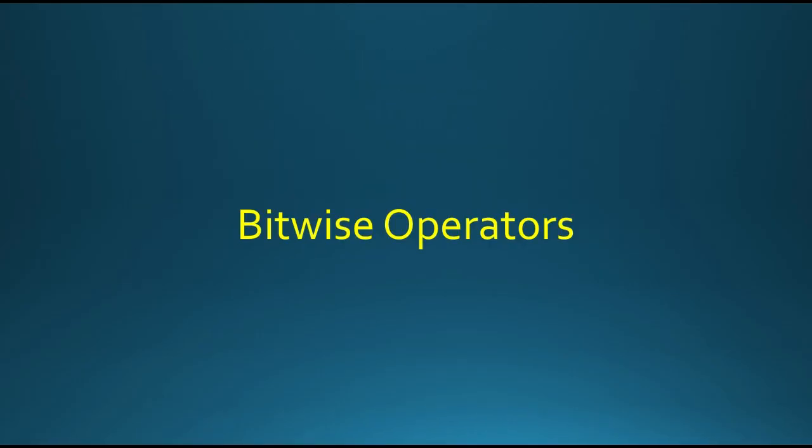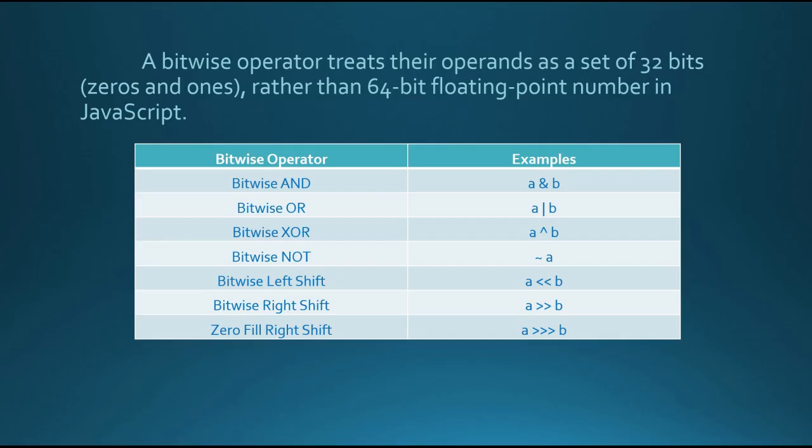Bitwise operators. There are 7 bitwise operators: ampersand, vertical bar, caret, tilde, left shift, right shift, and unsigned right shift. These operators convert their operands to integers, truncating any floating point towards 0, and perform the specified bitwise operation on them.